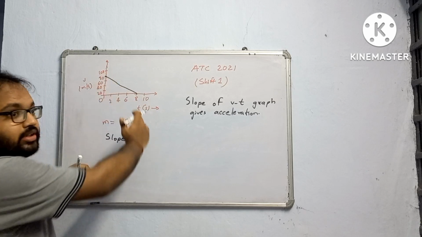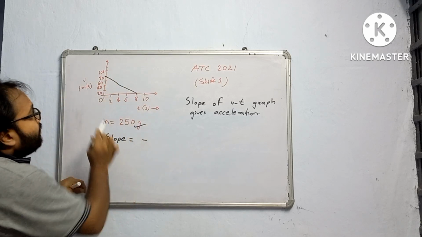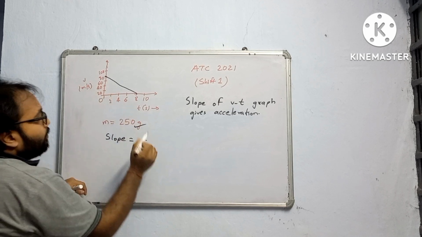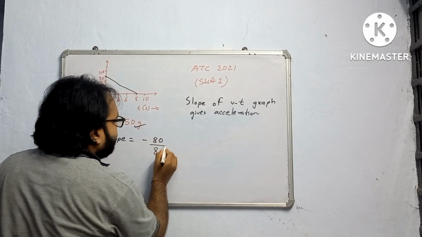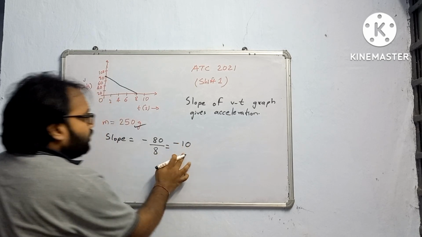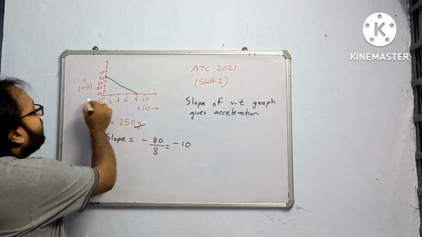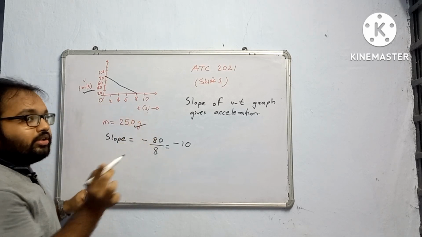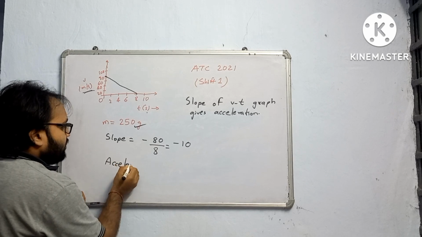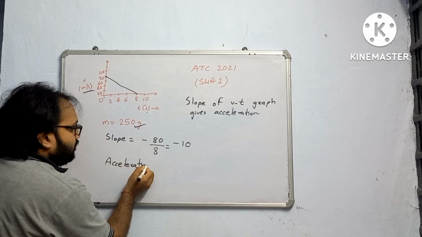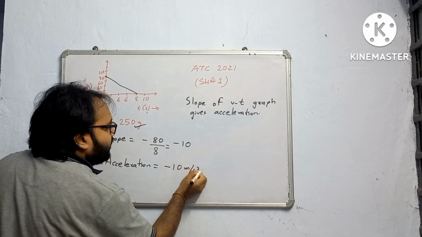The slope will be minus 80 divided by 8, that is equal to minus 10. Slope is minus 10, so acceleration is minus 10. The unit we will put from here, meter per second square. So acceleration is equal to minus 10 meter per second square.